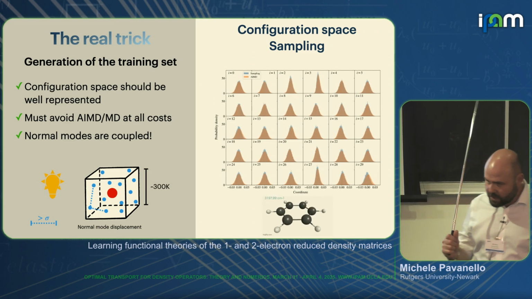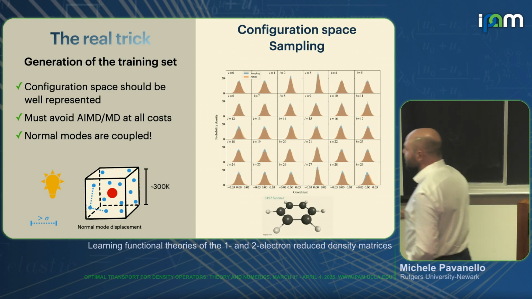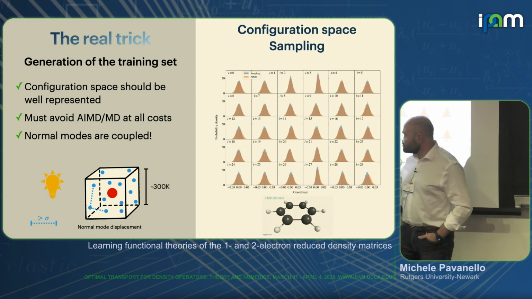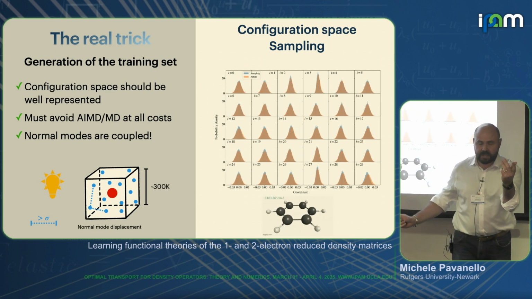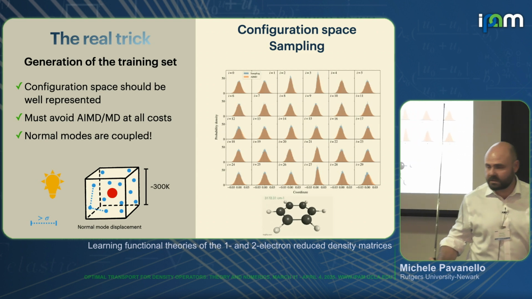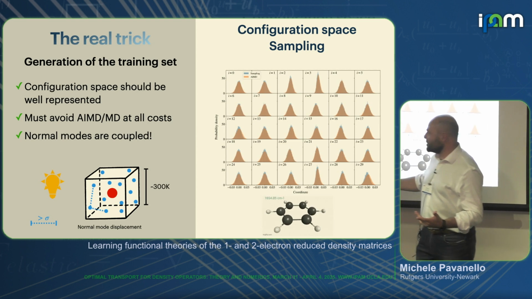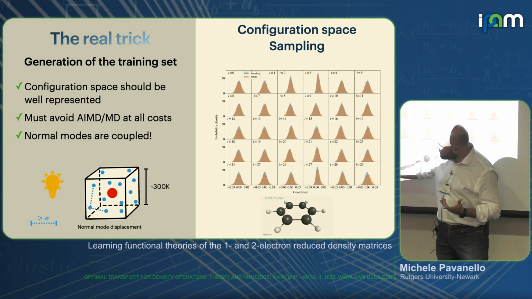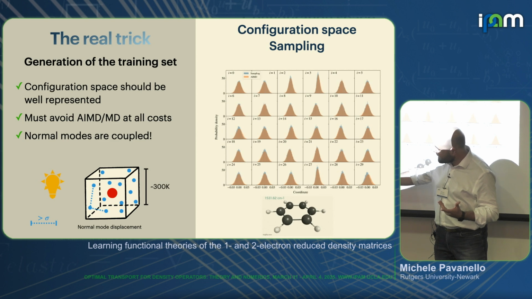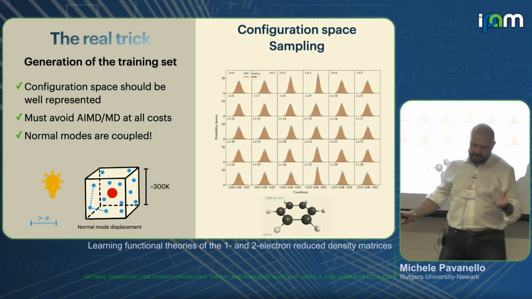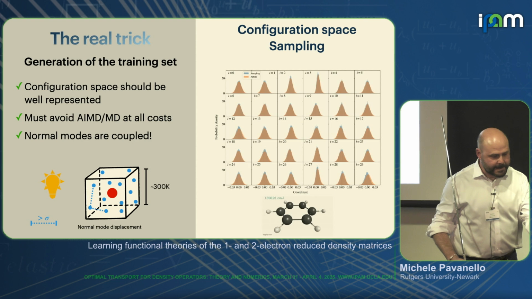What we do, we use these normal modes of vibration to generate a volume in this dimensional space given by these normal modes. And then we randomly drop some dots in this volume, subject to the constraint that these dots are separated by at least sigma, which is a user-defined threshold.